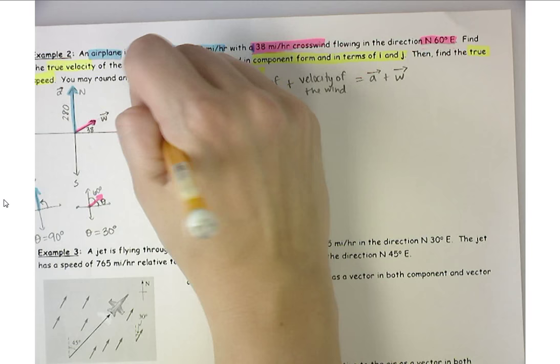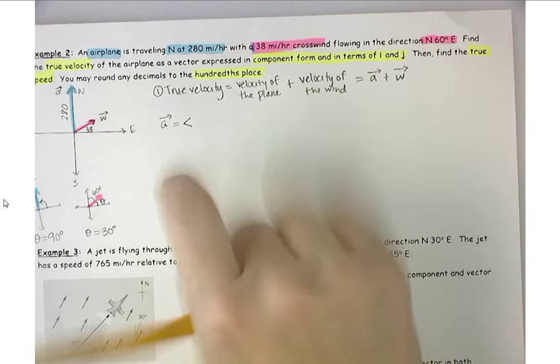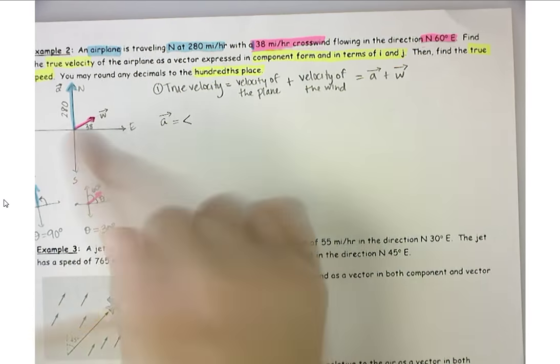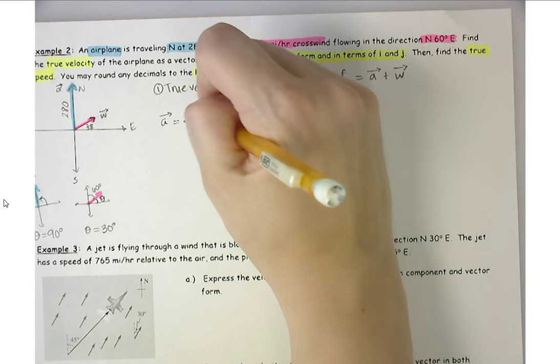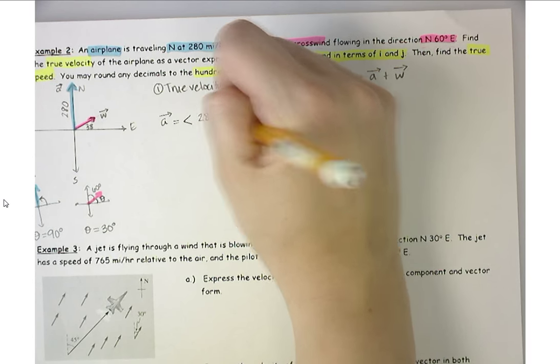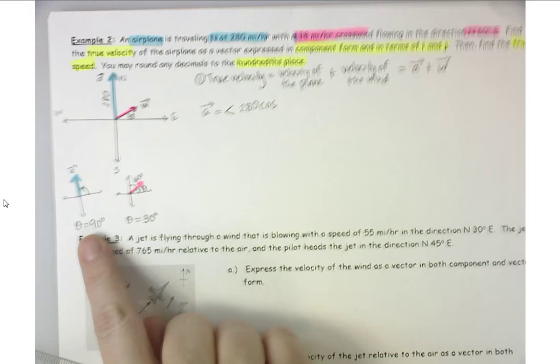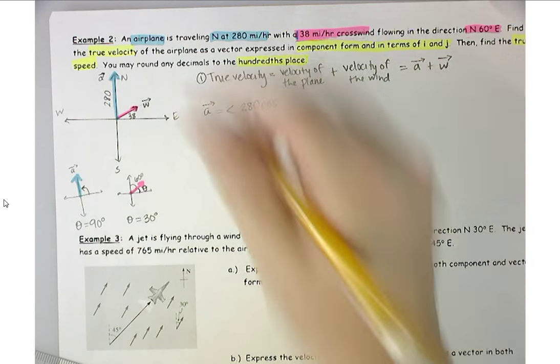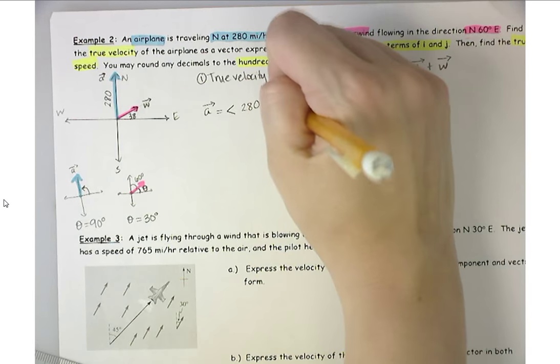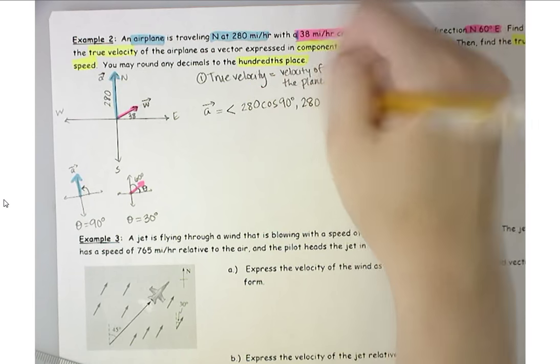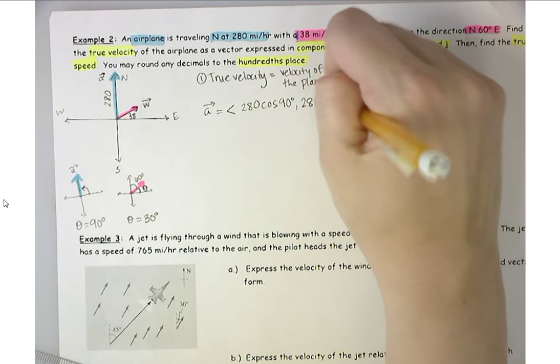So the first thing I'll find is the airplane. So to find the velocity of the airplane, I'm going to use the magnitude 280 times the cosine of theta. So we already determined that theta for the airplane was 90. And we should already know what that is.